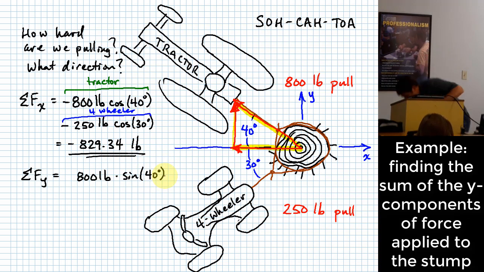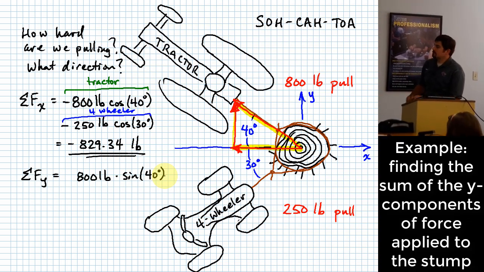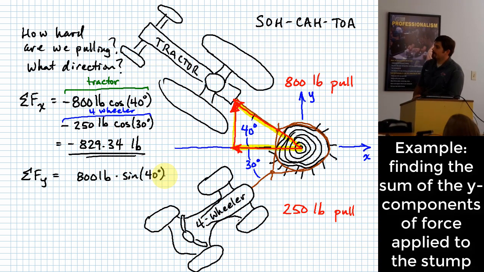Now what about positive and negative? The 800 stays positive because it points in the same direction as my y direction. What about my 250? That one points the opposite direction of my positive y direction.